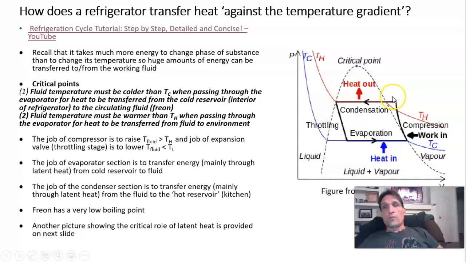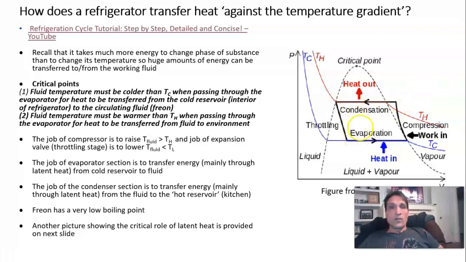Then it gets compressed, and when the gas condenses, all of that latent heat that was put in down here is given off as heat, and that gets extracted to the room. And so that's why latent heat in evaporating and condensing the gas is used, because it has the ability to transfer large amounts of heat.